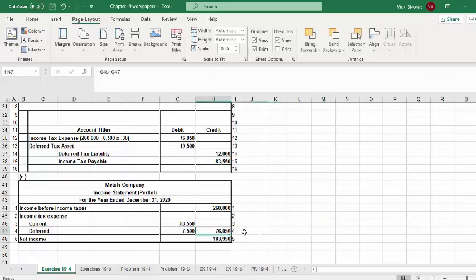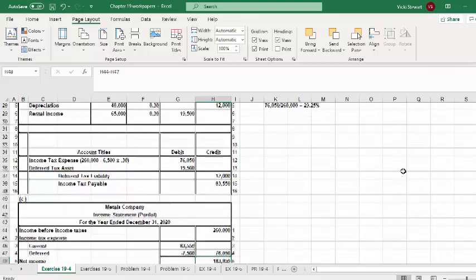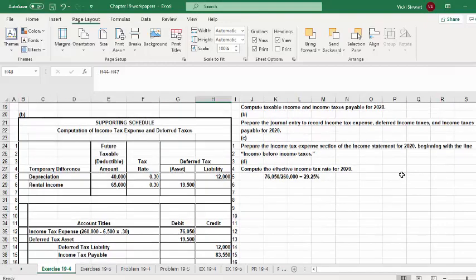So we see our income tax expense again, $76,050, subtracted from income before income taxes of $260,000, gives us net income of $183,950.